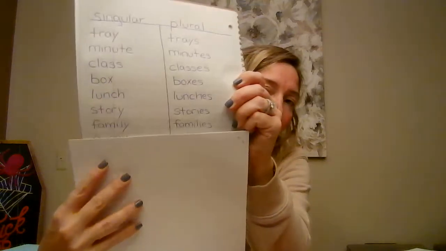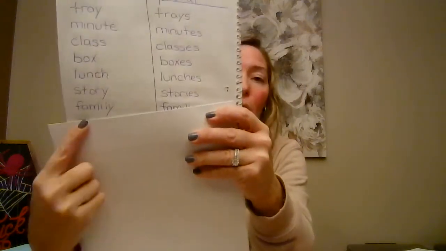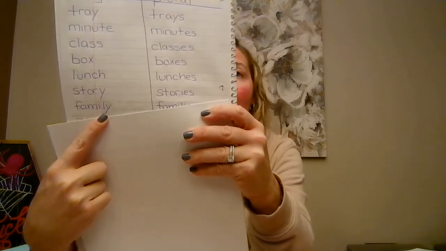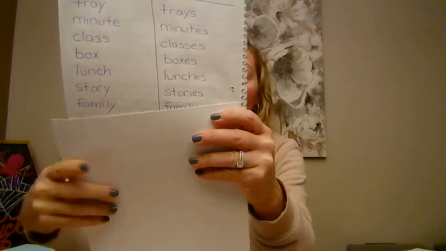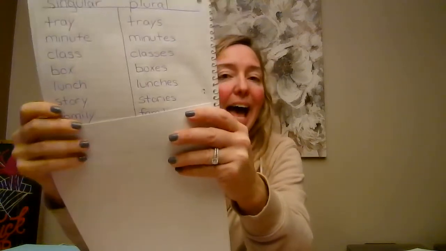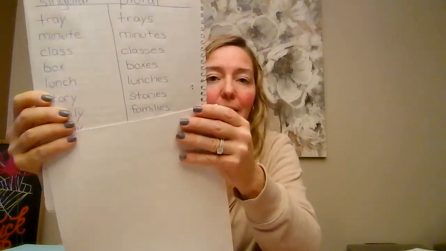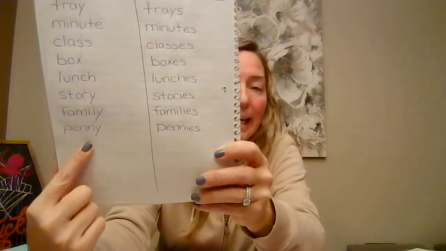If I look at the next word, family, and again, family ends with the Y, and in front of the Y is the letter L. L is a consonant, so we drop the Y, add the I, and then add ES to give us families. And the last word here was penny.